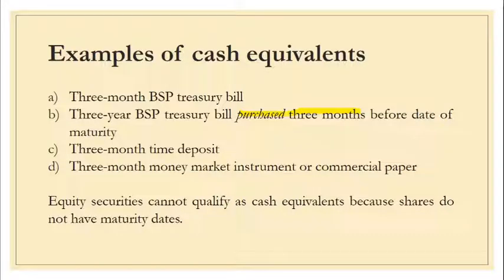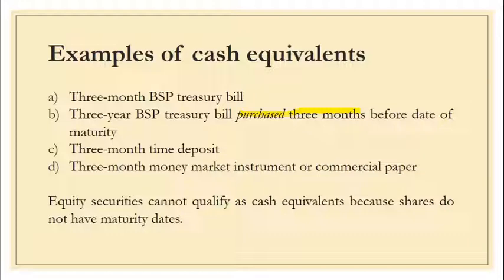We also have 3-month time deposits and 3-month money market instrument or commercial paper. Now, as you remember, equity securities cannot qualify as cash equivalents because shares, of course, do not have maturity dates. That is just a recap of what your cash and cash equivalents is.